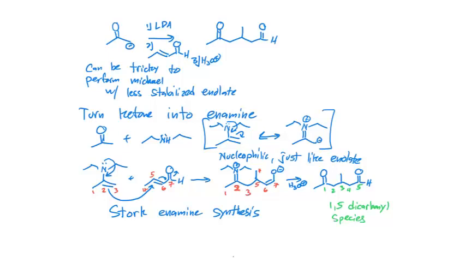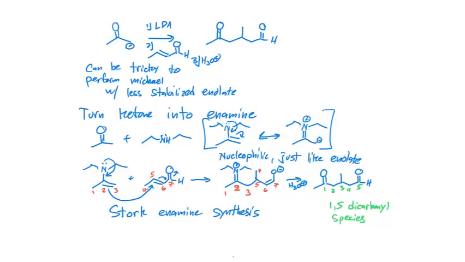So if you ever see as your synthetic target in a synthesis problem a 1,5-dicarbonyl species, you should be thinking about the possibility of doing some sort of Michael addition, and most likely, unless you can tell that the nucleophilic carbonyl portion is very stabilized. In this case, it is not. The nucleophilic portion comes from carbons 1 and 2.